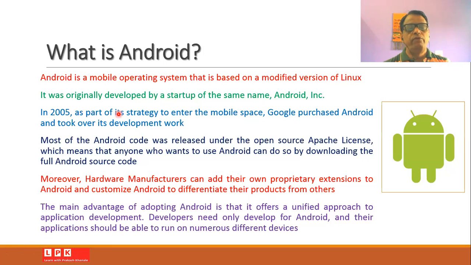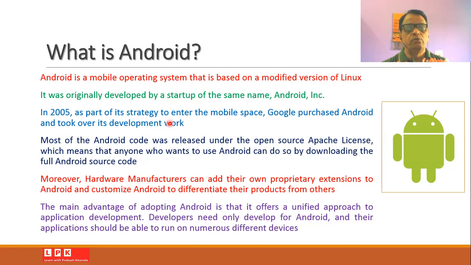So let us understand what we mean by Android. We will be discussing mainly Android because in these sessions we'll be developing small applications for the Android OS. Android is a mobile operating system that is a modified version of Linux. It was originally developed by a startup named Android Incorporated.